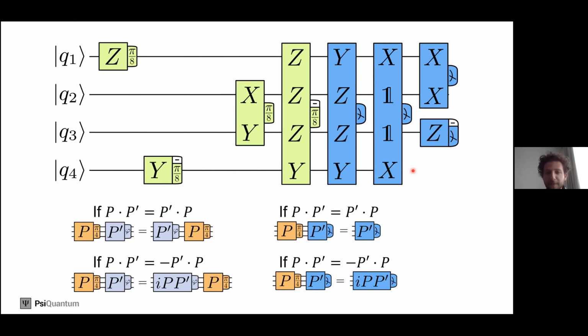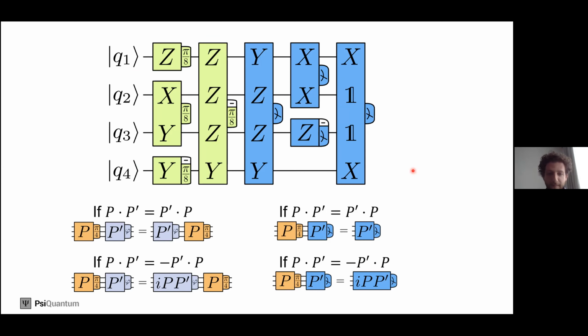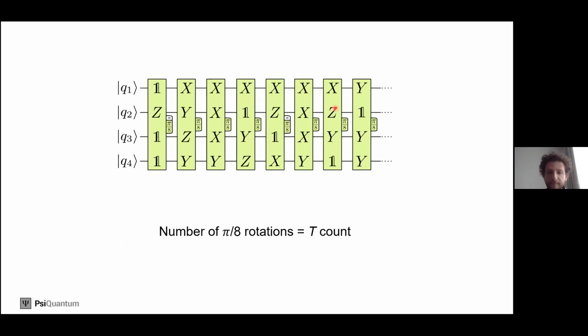And this is something that you can continue doing until you're left with a circuit that only contains pi over 8 rotations and these multi-qubit measurements. So any quantum computation can be described that way, as a sequence of only pi over 8 rotations and a bunch of measurements at the end. And the number of pi over 8 rotations in the circuit is equivalent to the T count of the circuit.